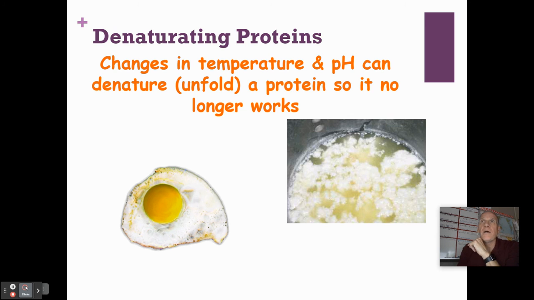Anyways, as I said, those bonds can change, and that's how we cook an egg. So the egg white right here is all made up of proteins. Those proteins are called albumin proteins. They're nice globular shaped proteins. And the yolk itself is all fats and lipids. So when you cook an egg, those proteins are going to unravel.